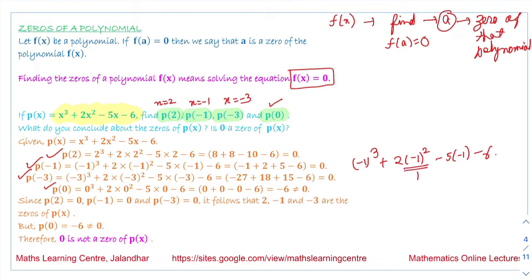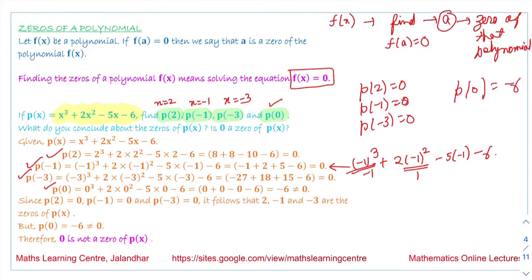This term will become 1, this term is minus 1, and when you are solving this you will get the answer is 0. So what we see from this is that p of 2 is 0, p of minus 1 is 0, p of minus 3 is 0, and p of 0 is minus 6.